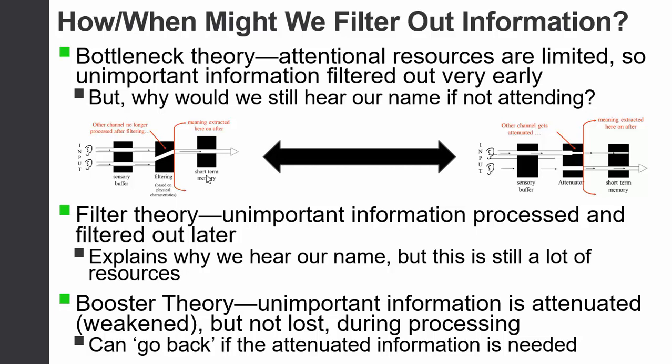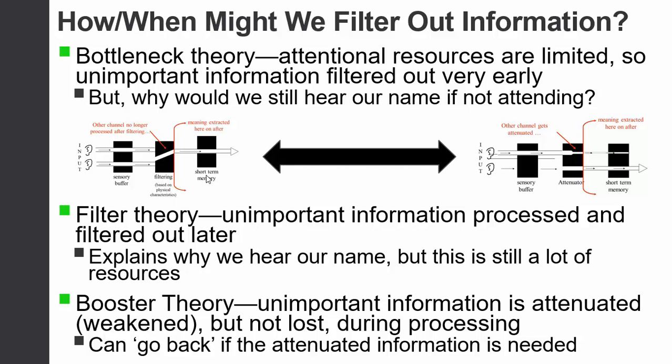In the case of filter theory, basically, it's a late stage theory, and it doesn't make any claims as to where exactly this filtering happens, but again, it happens somewhere between the perceptual system and higher cognitive processes such as short-term memory, and it filters out any information that's irrelevant. Same as if you were to put it through a coffee filter, so that you don't get the grounds of the coffee in, but you get the water with the oil of the beans in it, which is what makes coffee.